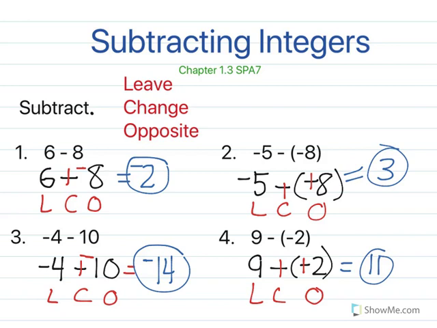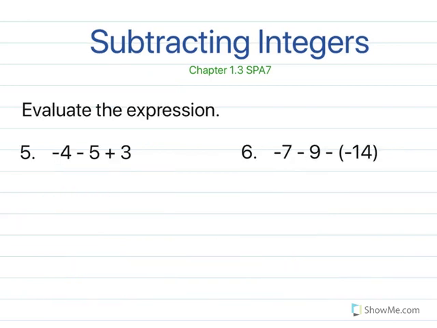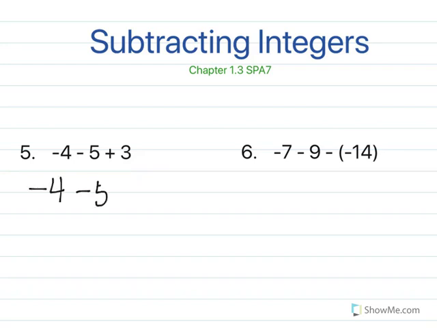All right? So let's go ahead and look at what we do if we have 3 integers. Well, the way I like to deal with this is I'm going to change this entire problem into addition problems. So anytime I see a subtraction, I'm going to make it into addition. So I'm going to first start by rewriting this. I'm going to do negative 4 minus 5 plus 3.